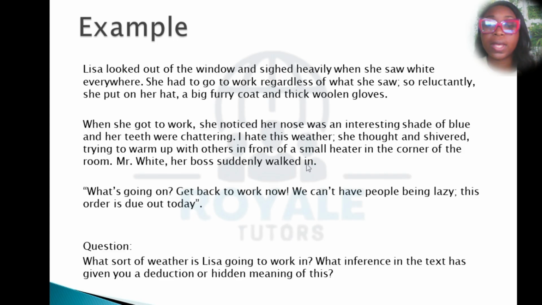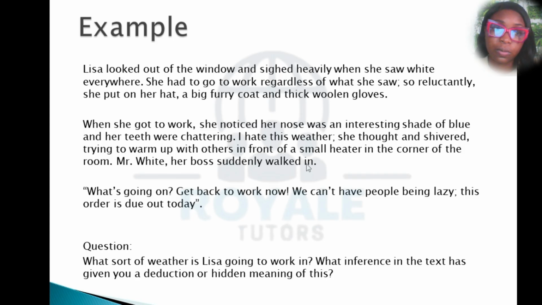Question: What sort of weather is Lisa going to work in? What inference in the text has given you a deduction or hidden meaning of this? First things first, it is not stated in the passage what sort of weather Lisa is going to work in. So what do you do?